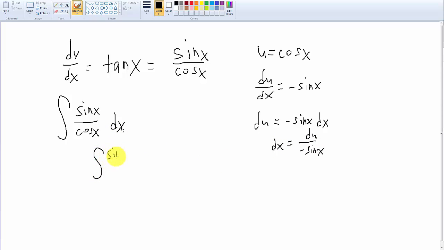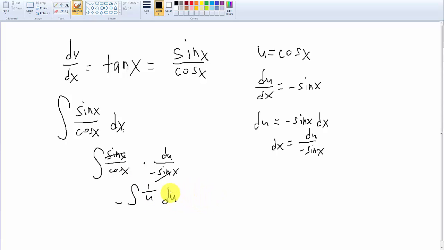So we now have sine x over cosine x times du over negative sine x. And so now the sine x will just cancel out. We can bring the negative one out of the integral. And cosine x is u, so we have 1 over u du.